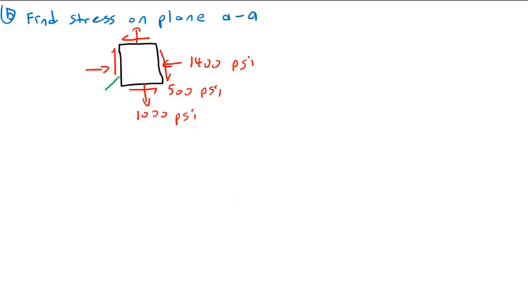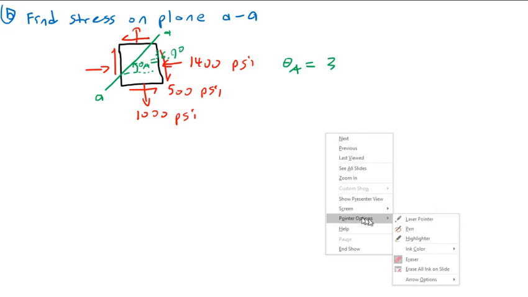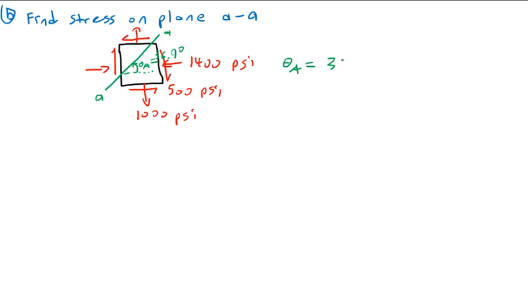I wish to find the state of stress on plane AA, and plane AA is at an angle, I'm going to call this theta A, and theta A is, let's say, 36.9 degrees.